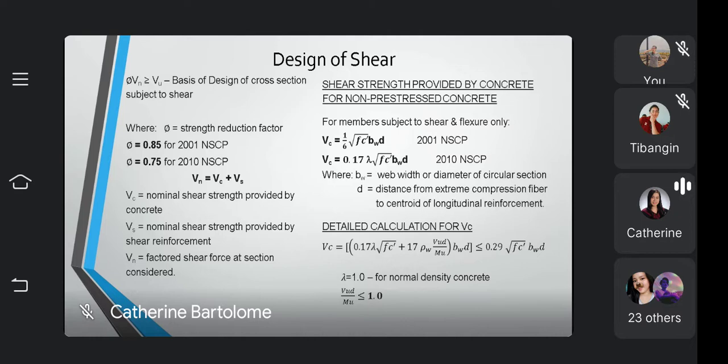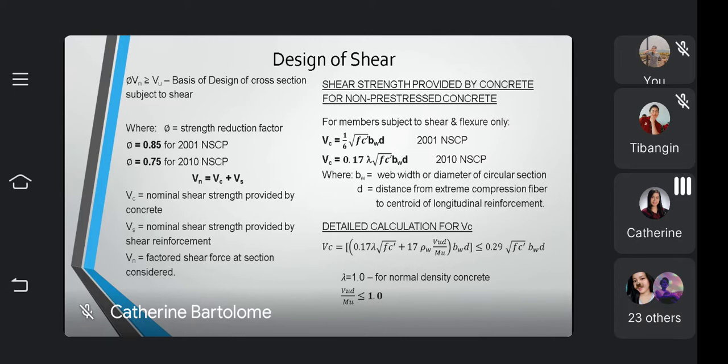The basis for design for shear in a cross section is phi Vn should be greater than or equal to Vu, where phi, the strength reduction factor, is equal to 0.85 for NSCP 2001 and 0.75 for NSCP 2010. I think we still use 0.75 for 2015. You can check it in our NSCP. And Vu is the factored shear force at the section considered.